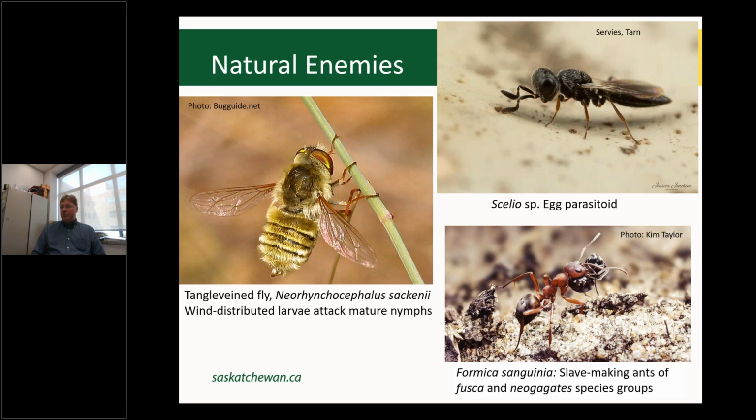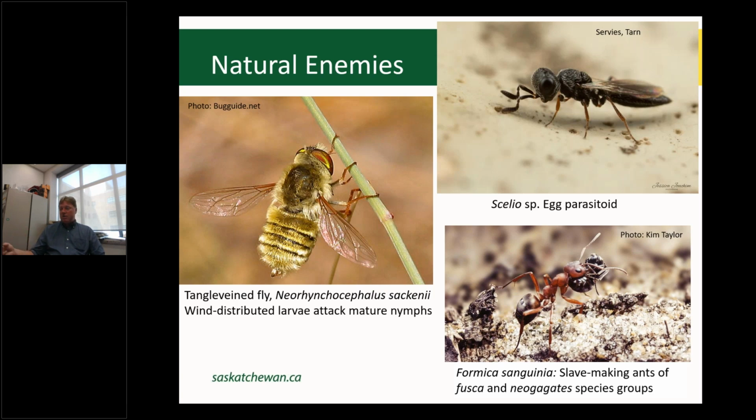They are also slave makers, so they're going to raid in large groups. They'll send out raiding parties to raid the colonies of Fusca and Neorufibarbis species groups, so other native ant species, and they're actually going to harvest, in this case, an adult.